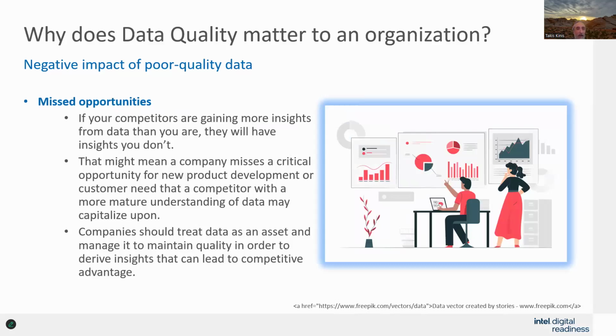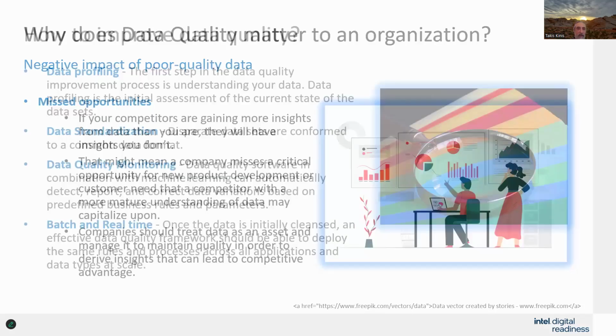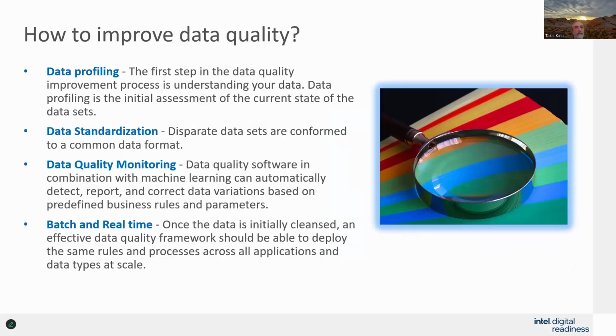Also, with poor quality data, if you're not getting all the information, you might miss some opportunities. Maybe you're missing a market share component, or maybe you aren't seeing that there's a demand for a certain type of product and you're not creating it. So good data, good results; bad data, bad results, or missed opportunities.